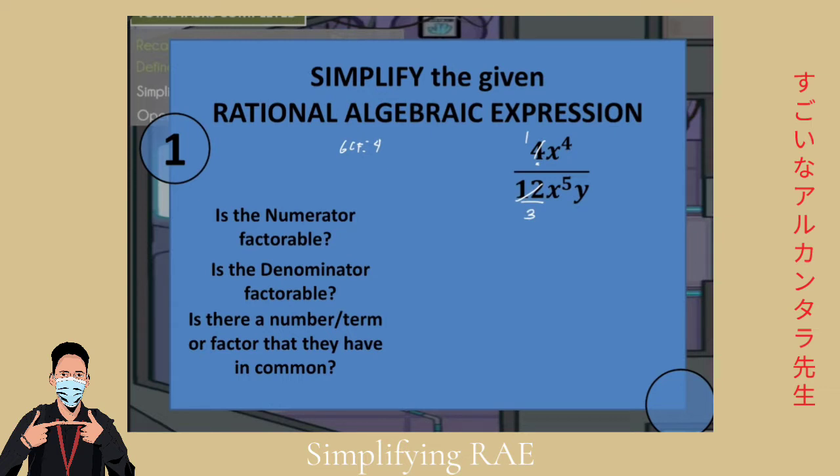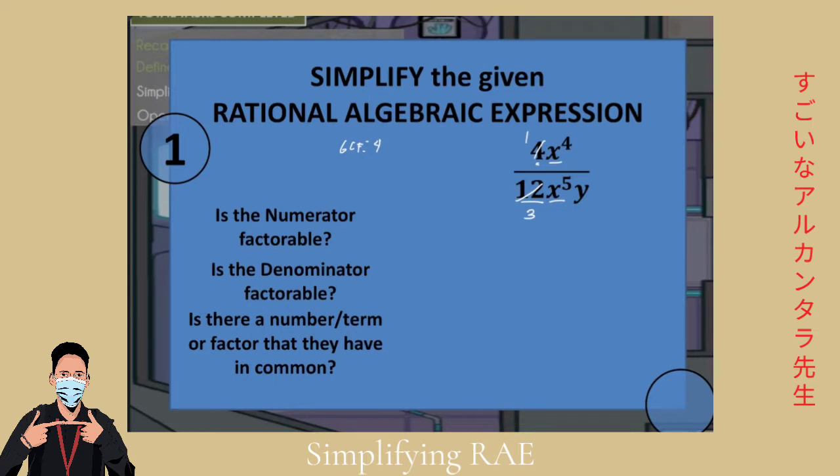To follow, after identifying the GCF of the whole numbers, start looking at the variables. So you have x raised to 4 and you have x raised to 5. Now, we can easily point out that they both have x, the numerator and the denominator. But to make this much better to understand, how do you get the GCF when dealing with this kind of example?